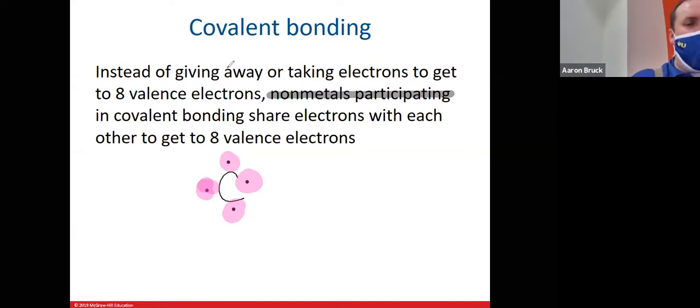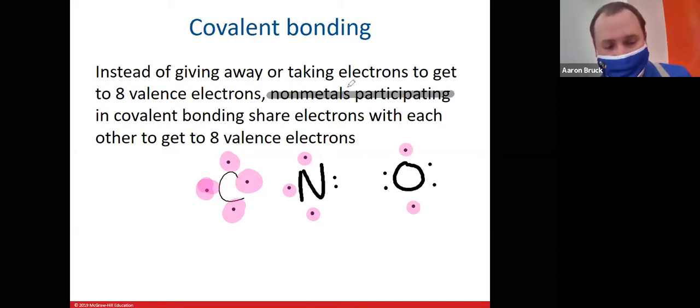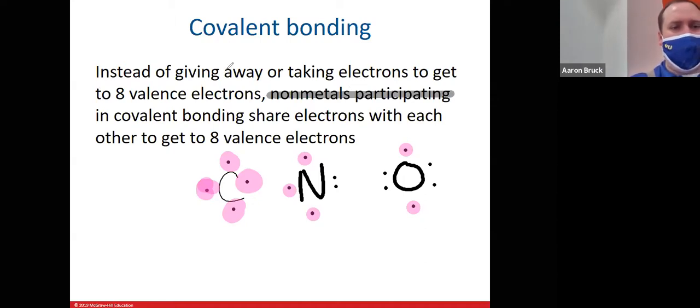And obviously that would change as we looked at things like nitrogen, which has 3 unpaired electrons, or oxygen that has its 2 unpaired electrons, or even something like chlorine, where it only has the 1 unpaired electron.